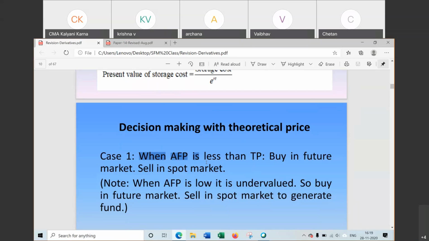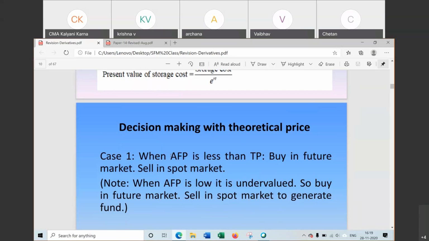We can remember this one as the same case as in CAPM. In CAPM, the keyword I have told you is UB, undervalued by the security. Undervalued when CAPM is less. When CAPM is greater than the actual value, it is undervalued, so we have to buy.